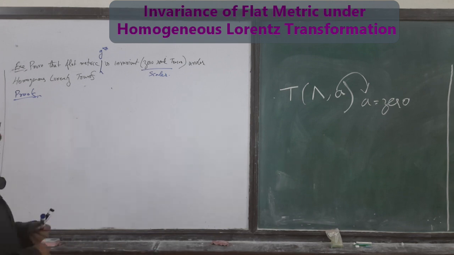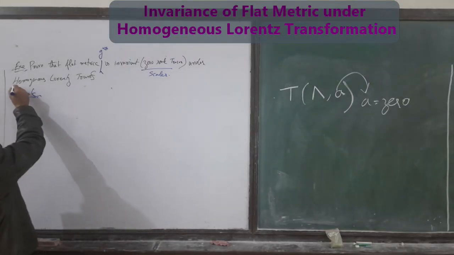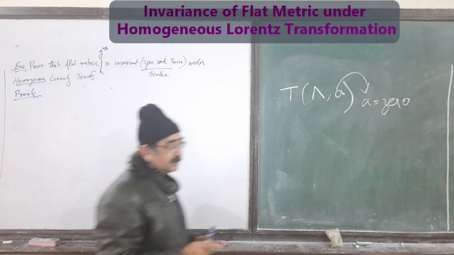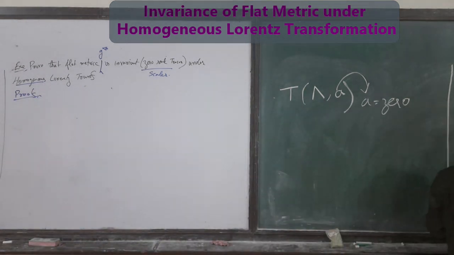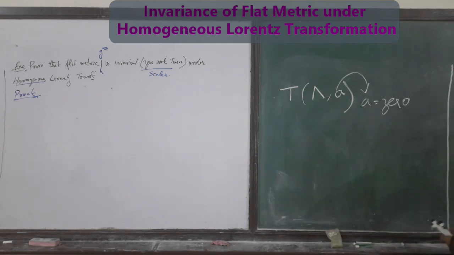So what is the proof of this? What is the meaning of homogeneous? Homogeneous means, if you consider the transformations, we know that there are two types of transformation.